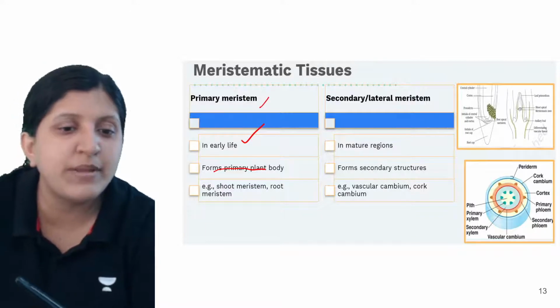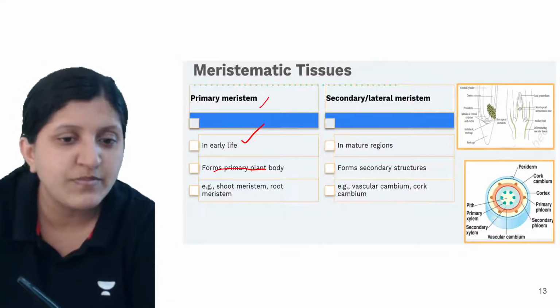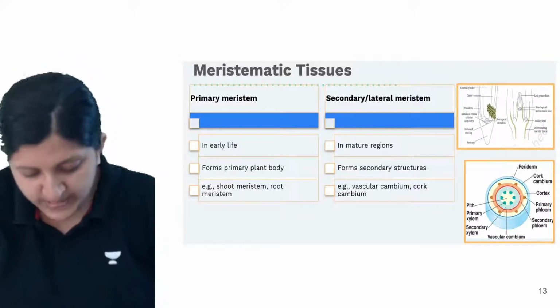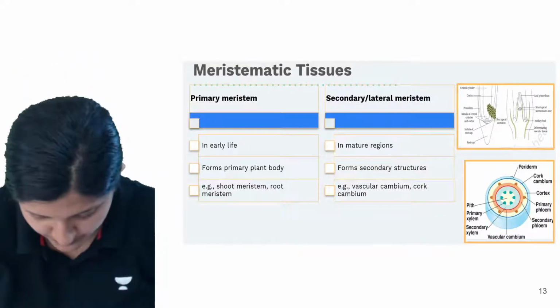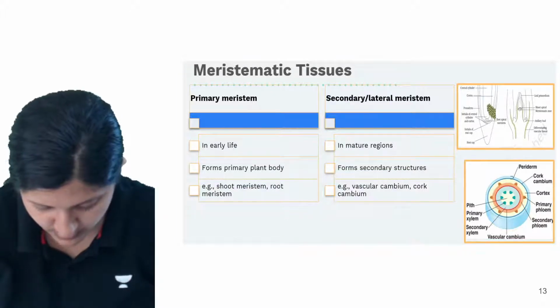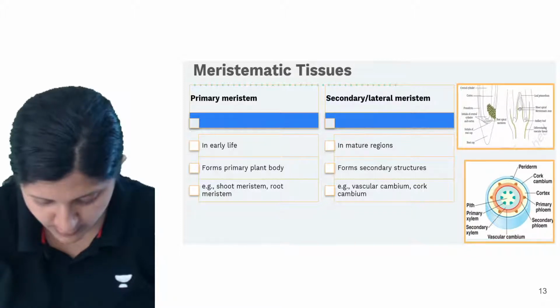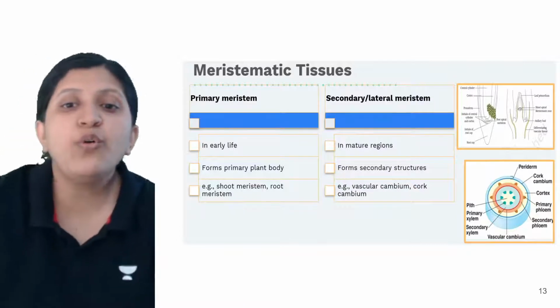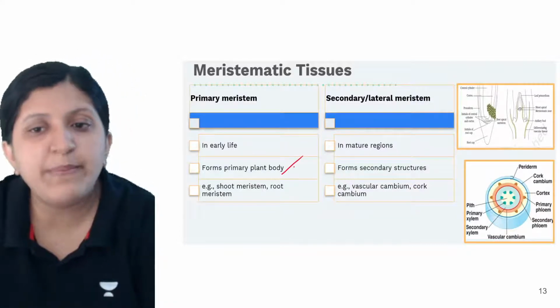So what is that primary plant body? Anybody? Why do we say that it is a primary plant body?